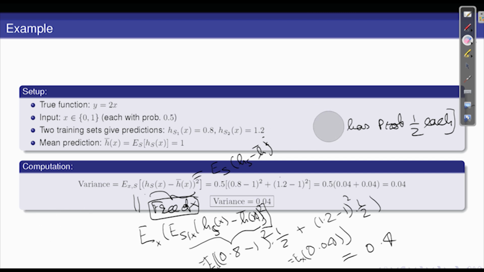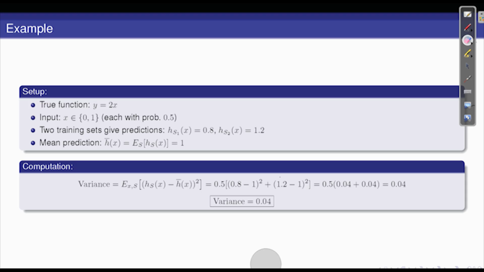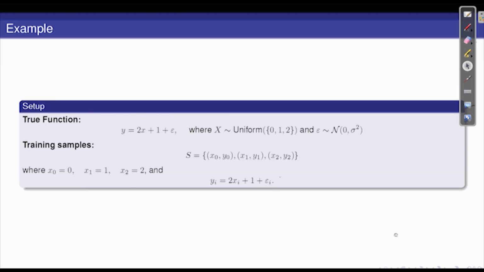So two possible samples, each with probability half, equally likely. Now the next example, where we are making it slightly more complicated.